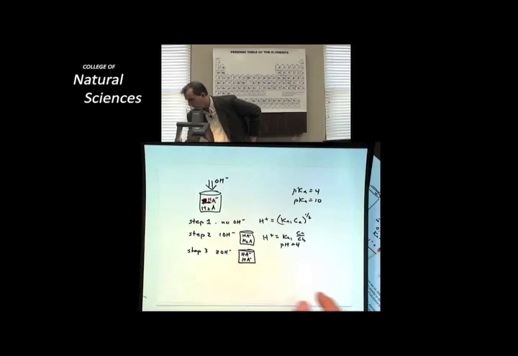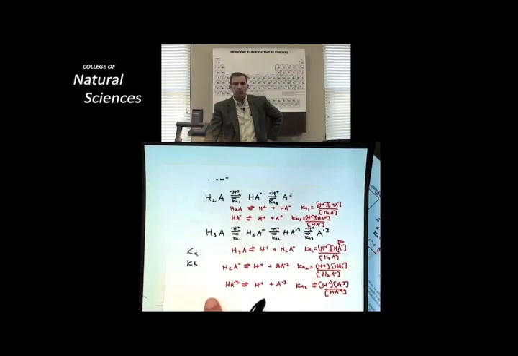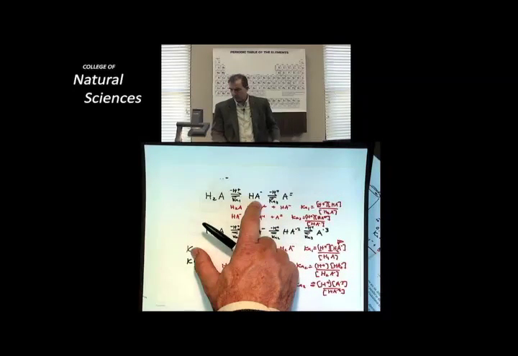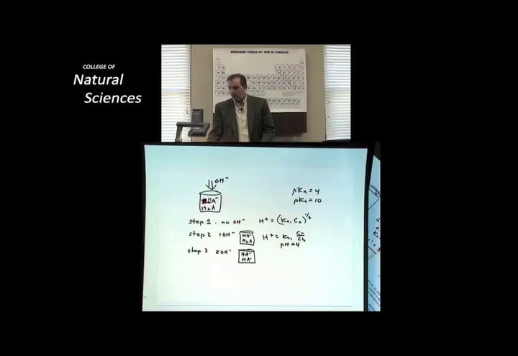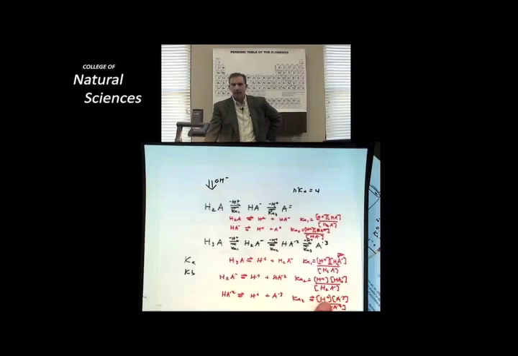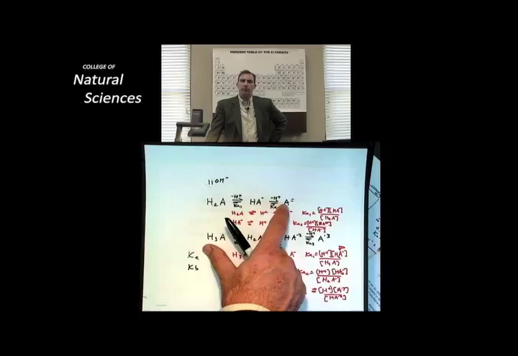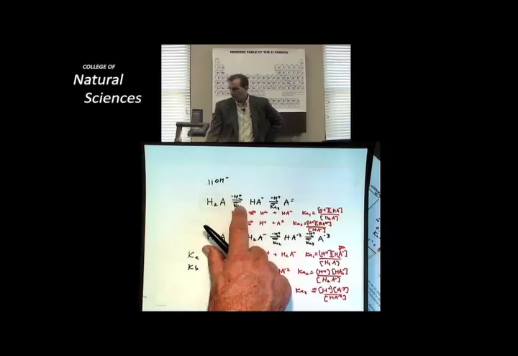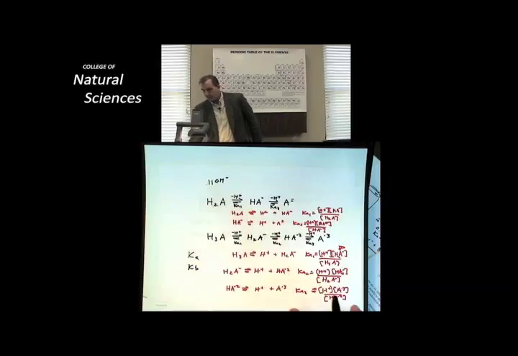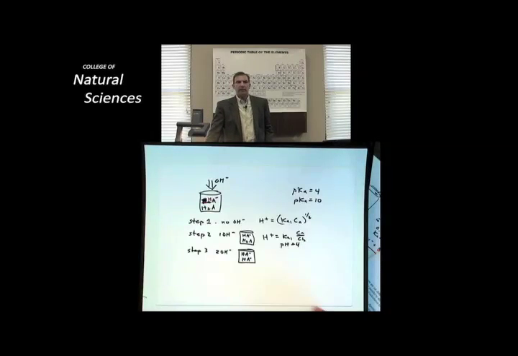Haven't you shown us a problem in which HA minus, which is what this species is right here, can go to the right and be an acid that loses a proton, or go to the left as a base? There's actually a famous name we give to this kind of species, one which is a switch hitter, one which can go either way.